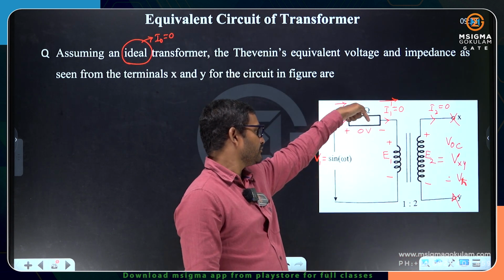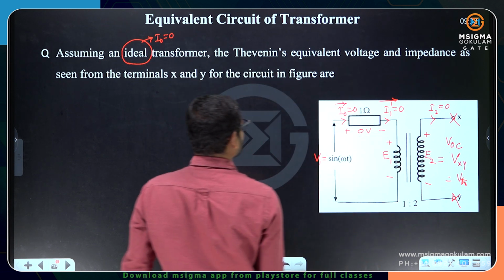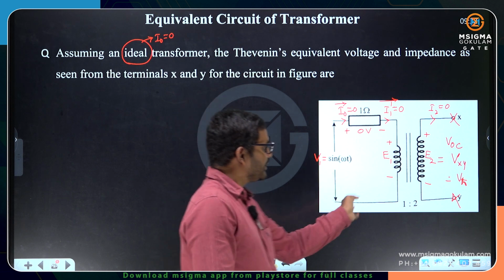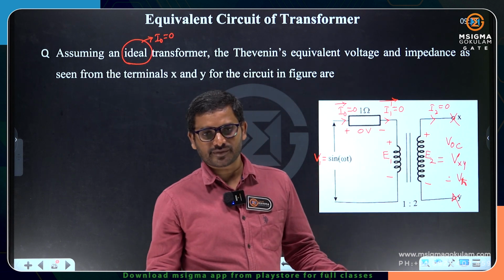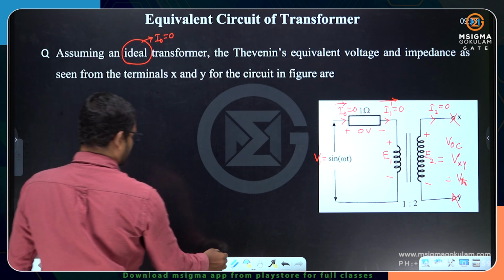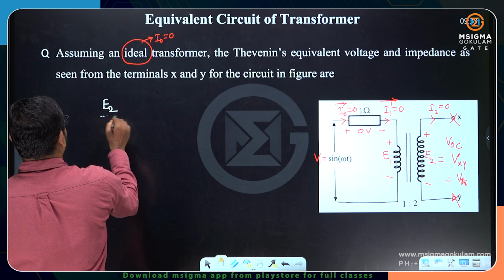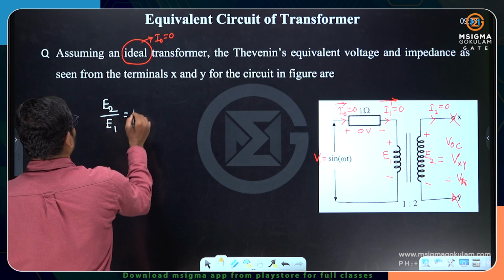Sin omega t minus 0 minus E1 is equal to 0, so I can take E1 is equal to sin omega t. What will be E2? According to the transformation ratio, you can calculate it as 1:2. So E2 by E1 is equal to N2 by N1.